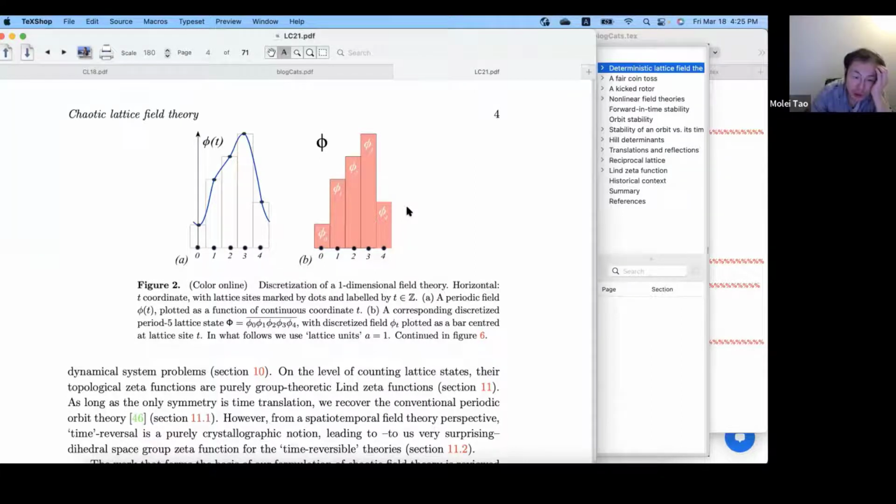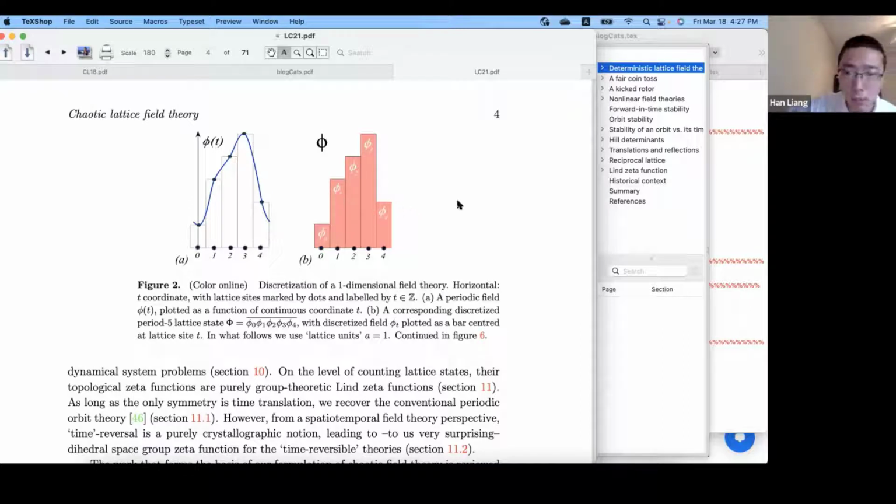So for example, let's just take a look at small phi 0. Is that a value or a function? It's a value. So phi 0 is the evaluation of the previously mentioned function at a particular site of the lattice. Okay, got it.